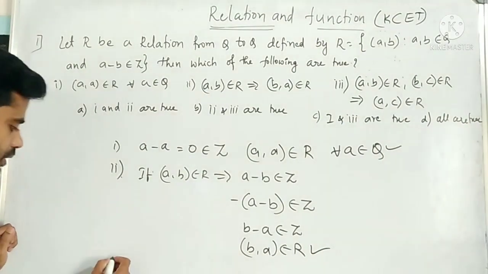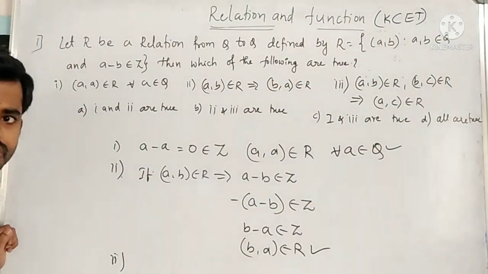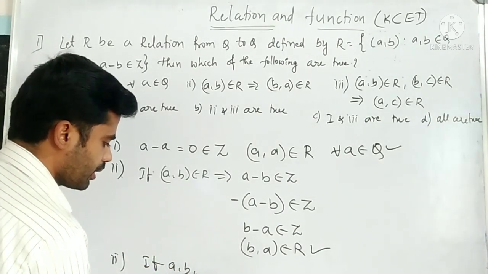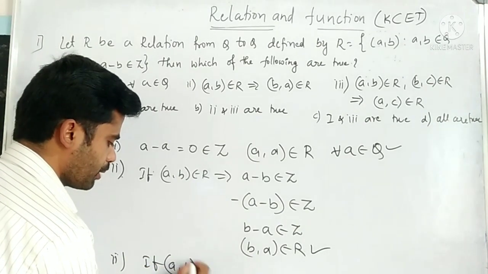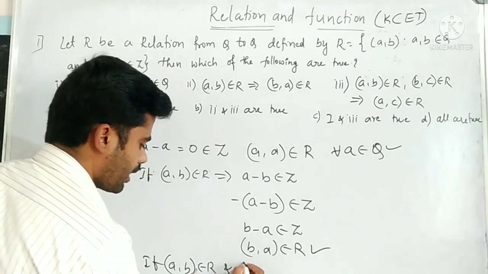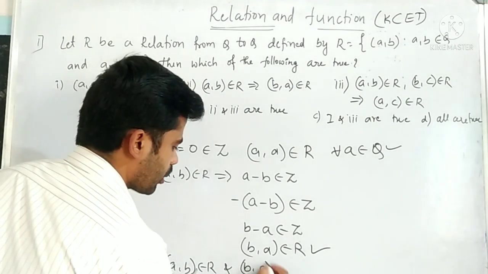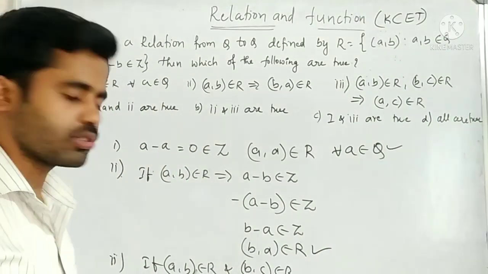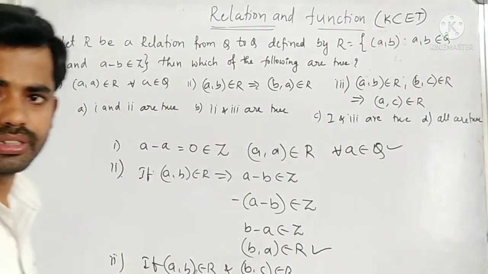Then the third one. What is the third one? Transitive. We have to check it. If (a, b) belongs to R and (b, c) belongs to R, we have to check whether (a, c) belongs to R or not.